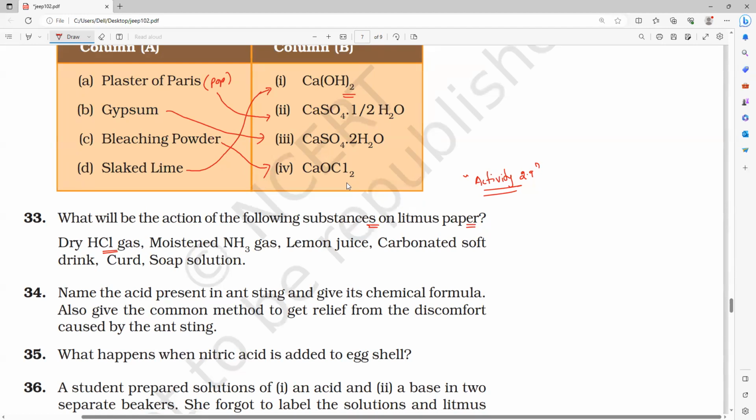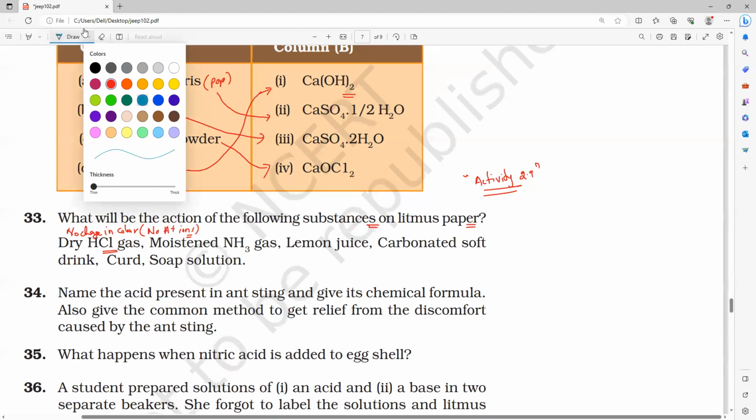No moisture is present, so no change in color. Please write it. Why? That is very important: no H plus ions. Clear? All of you, please write it. No H plus ions, that is the reason for no change in color.